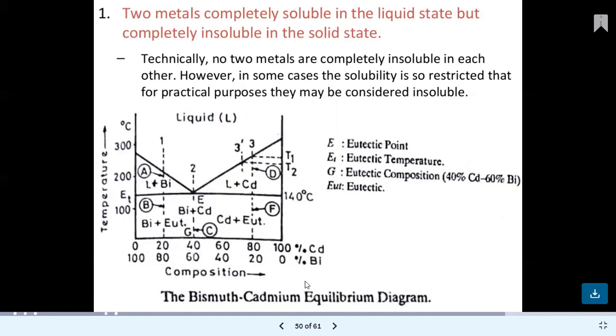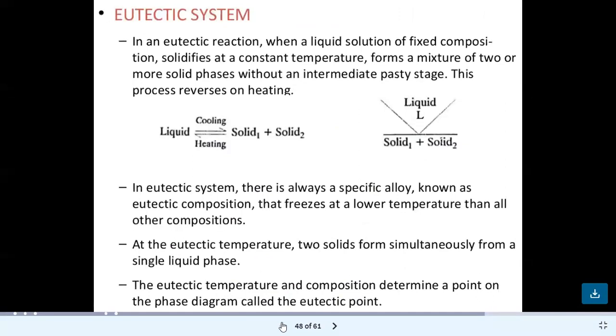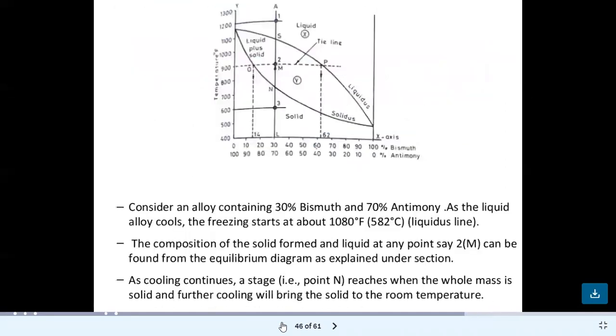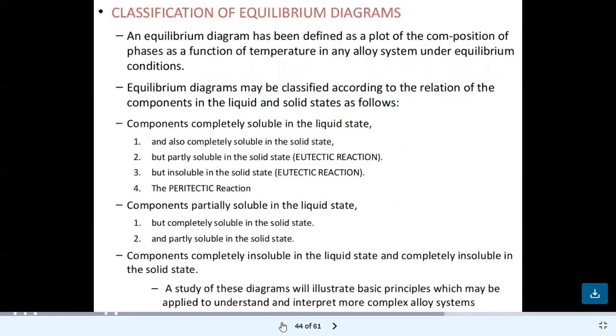So today we stop here. We will learn about this graph, then the cooling curve for two metals insoluble in solid state, eutectic systems. Then two metals completely soluble in liquid and solid state, that type of explanation.